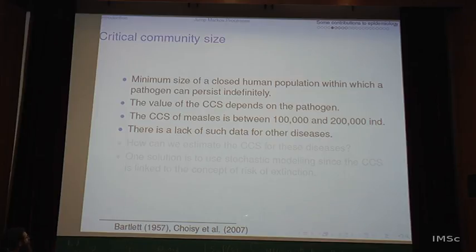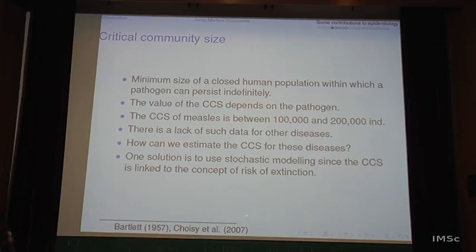There is a lack of such data for other diseases, so the idea is: can we estimate the CCS for any disease? One solution is to use stochastic modeling, because the CCS is linked to the concept of risk of extinction, and we saw that it's only with a stochastic framework that you can study the risk of extinction.